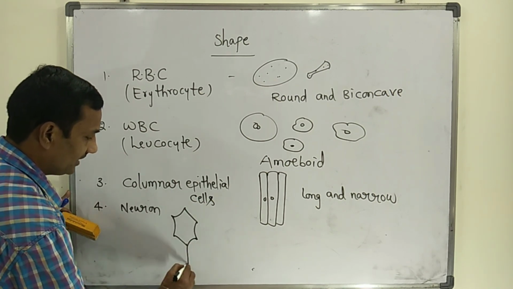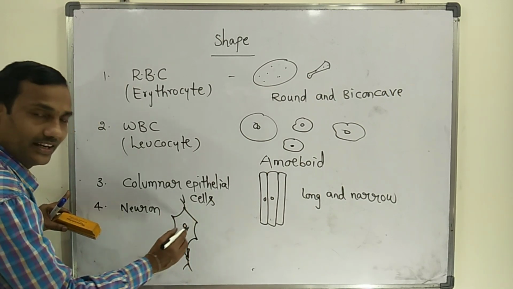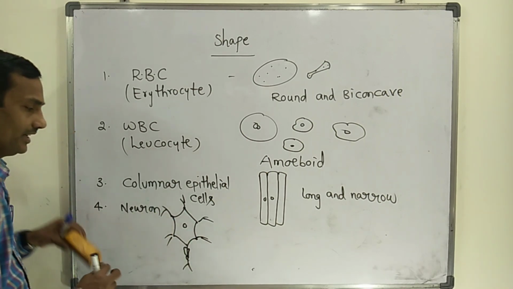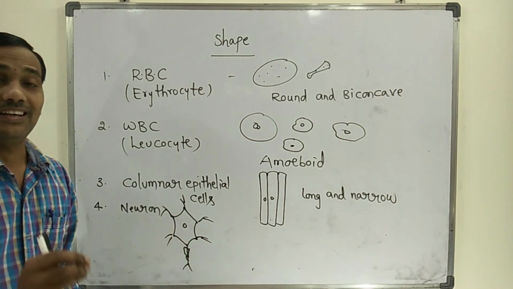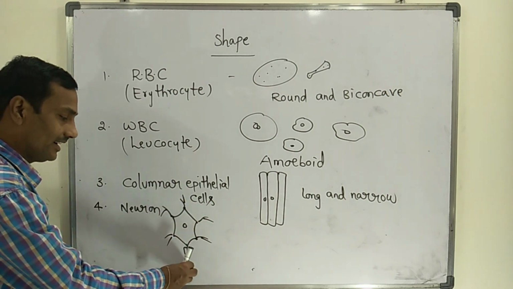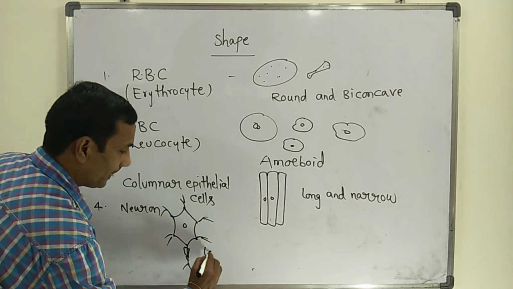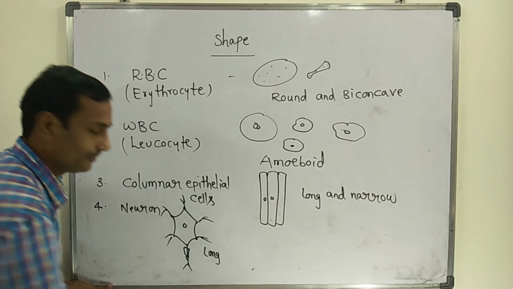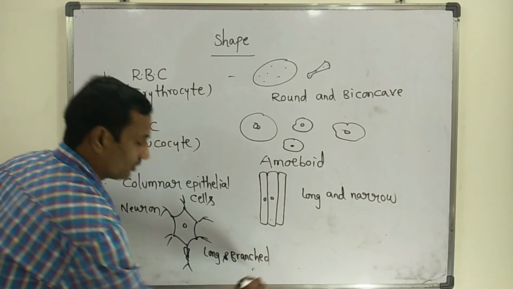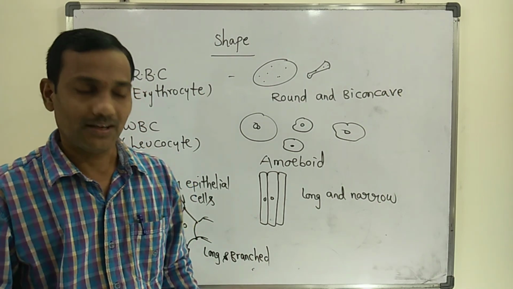If you see the nerve cell, it has a cyton and dendrites. Neuron is long and also branched, with dendrites and nerve terminals. That's why the neuron is a long and branched cell.